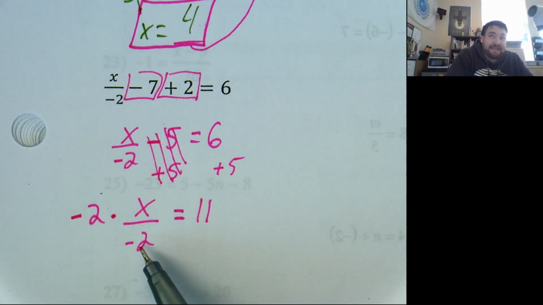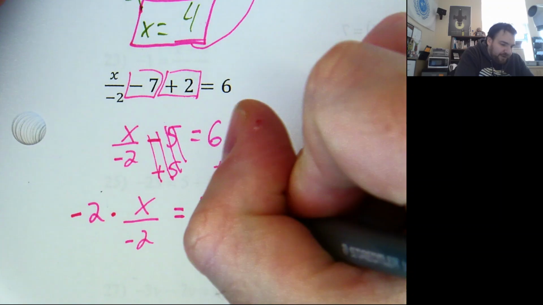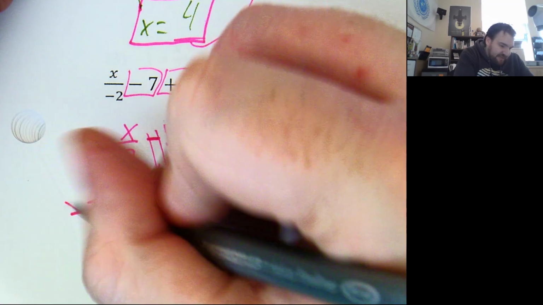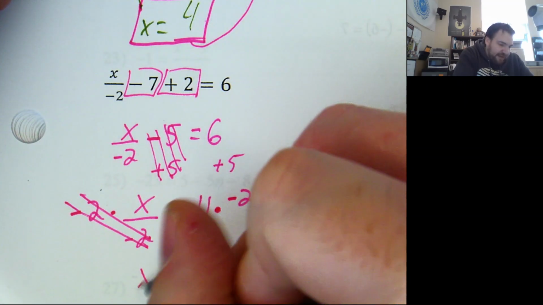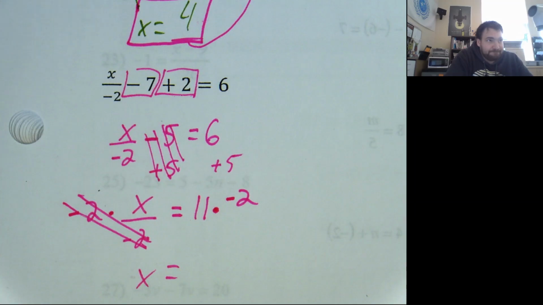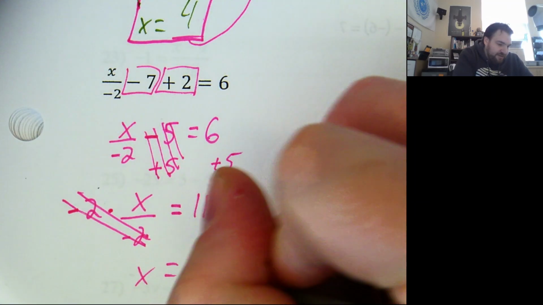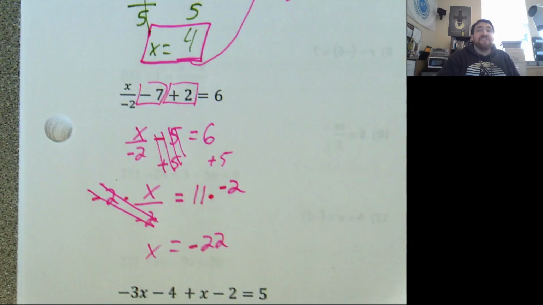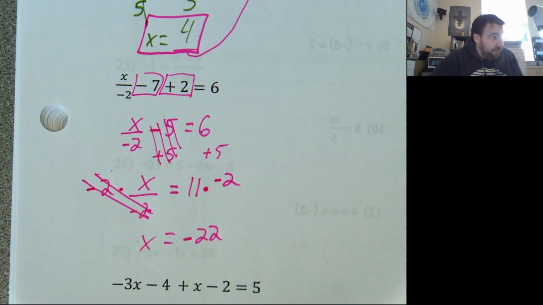So we're going to multiply by negative 2 to get rid of this divided by negative 2. And whatever we do to one side, we have to do to the other. These are going to cancel, leaving us with x equals what? Negative 22. I'm going to skip the check on this one, if that's okay with you. Comments, questions, concerns on anything we've done here?